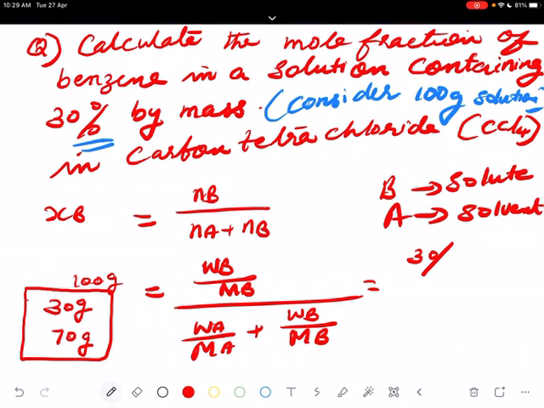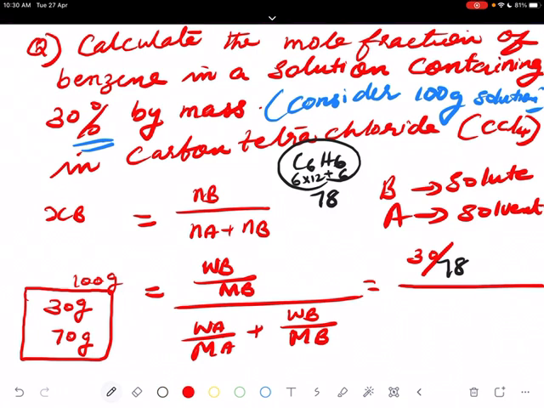So 30 divided by its molar mass. What is the molar mass of benzene, that is C6H6? C6H6 means 78, 6 into 12 plus 6. So I am writing 78 here. 78 divided by the mass of the solvent.